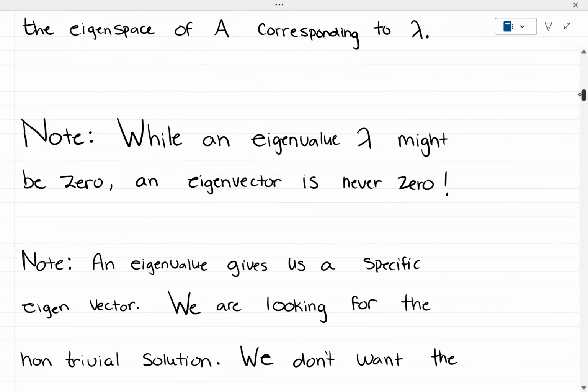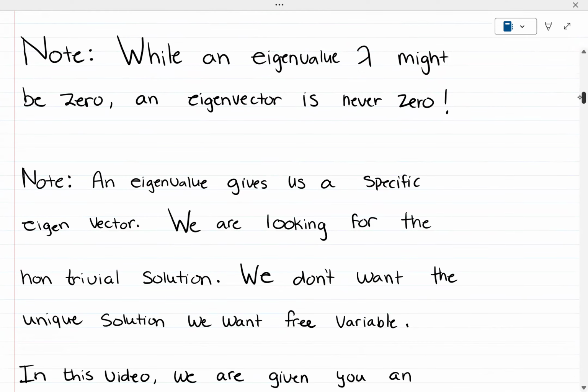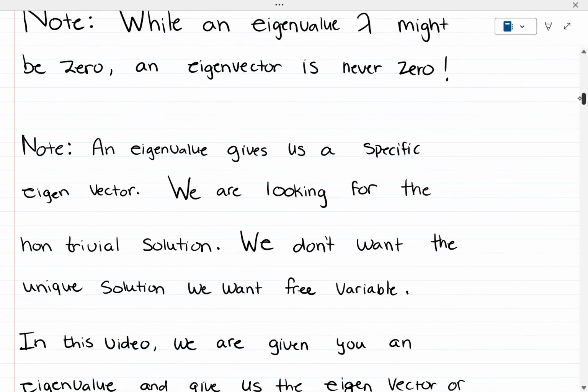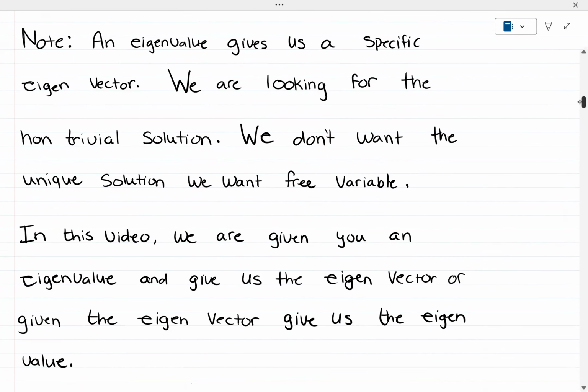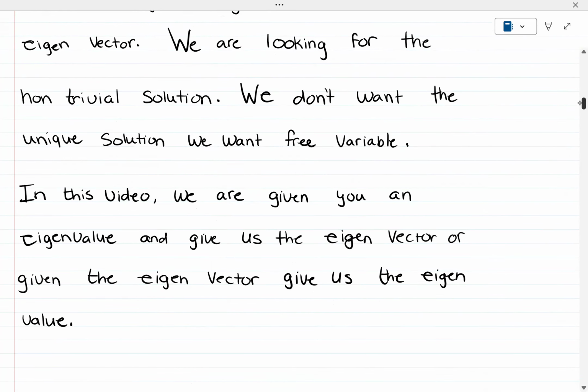Write that on your notes. And note an eigenvalue gives us a specific eigenvector. We are looking for the non-trivial solution. We don't want the unique solution, we want a free variable. So in this video, we are going to be given an eigenvalue and find the eigenvector, or be given the eigenvector and find the eigenvalue.